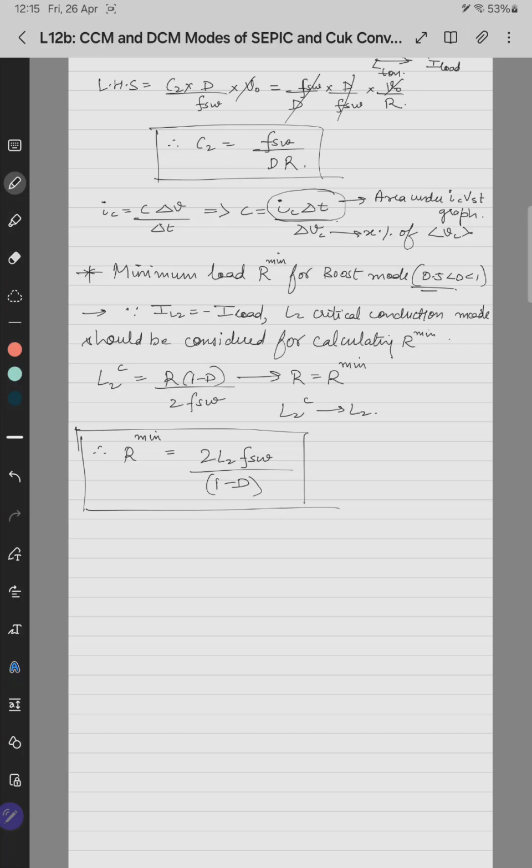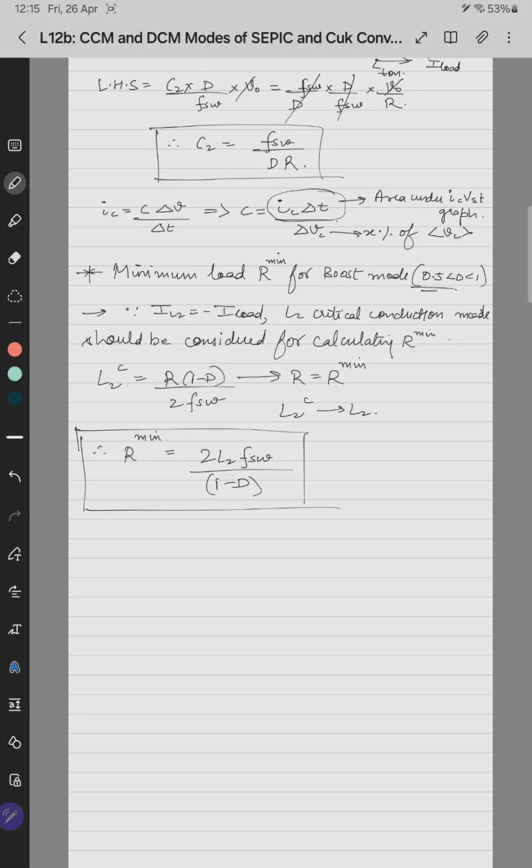The basic concept behind finding minimum load for any boost or boost derived converter is nothing but seeing the amp second balance of the inductor which is placed towards the load. And the principle that we use for calculation of the critical inductance, that is, when the inductor current waveform just touches the zero axis, the same principle is used for finding the minimum load.